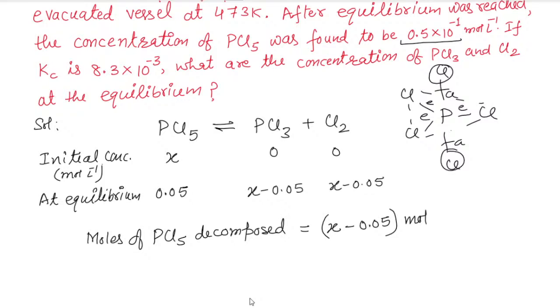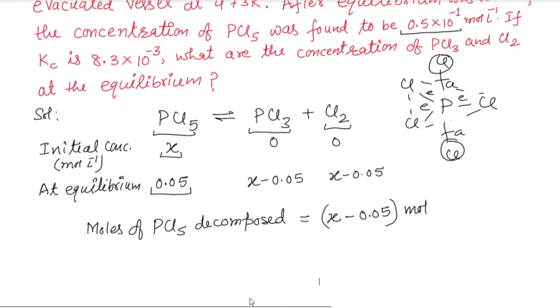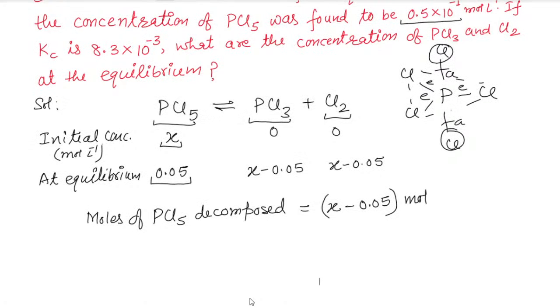Did you get this point? Initially we have X moles and at equilibrium how many moles are left? That is 0.05. So how many moles get decomposed? That is X minus 0.05. And if 1 mole of PCl5 is decomposed, we get 1 mole of PCl3 and 1 mole of Cl2. Got my point?